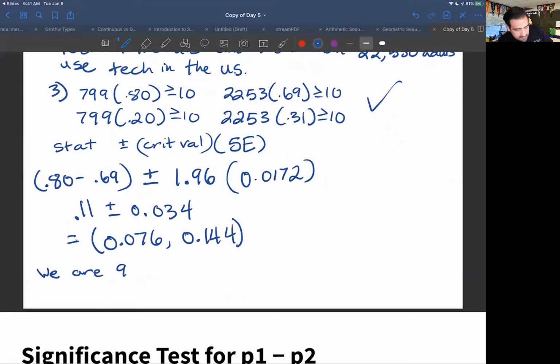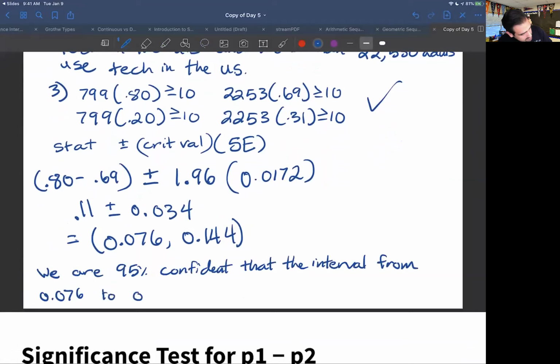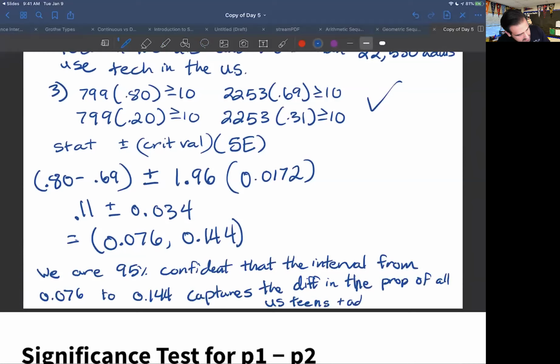We are 95% confident that the interval from 0.076 to 0.144 captures the true difference in the proportion of all US teens and adults who use social network sites.